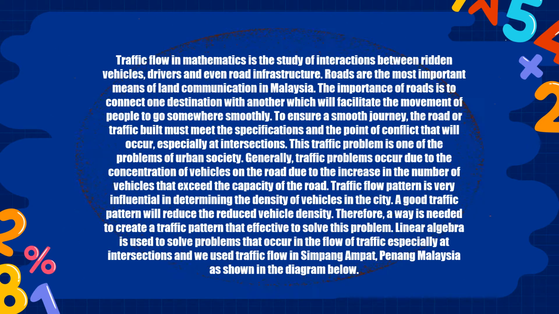The importance of roads is to connect one destination with another, which will facilitate the movement of people to go somewhere smoothly. To ensure a smooth journey, the road or traffic built must meet the specification and the point of conflict that will occur, especially at intersections.